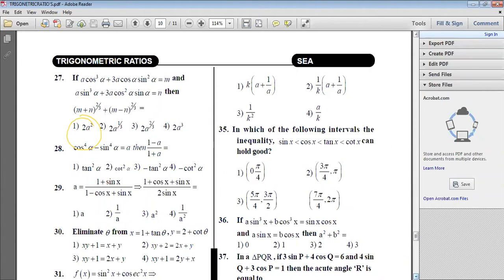Then what is the value of m plus n whole power 2 by 3 plus m minus n whole power 2 by 3?